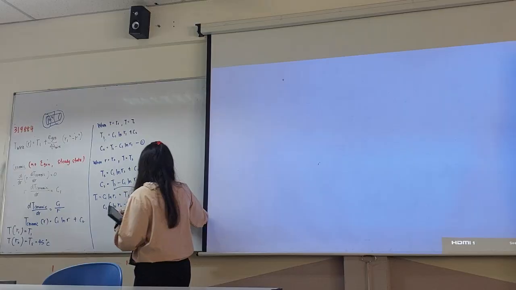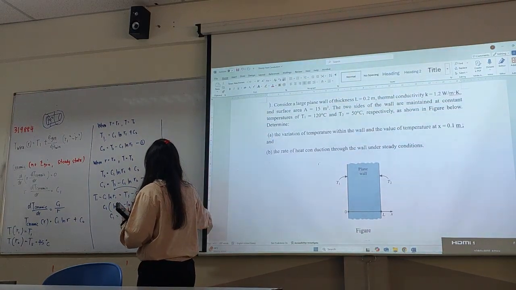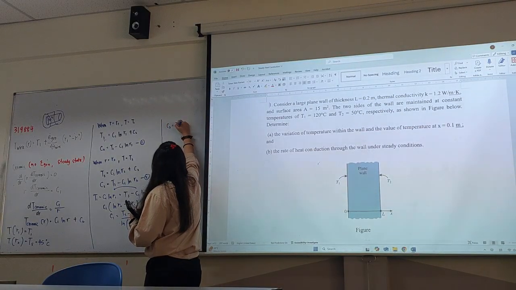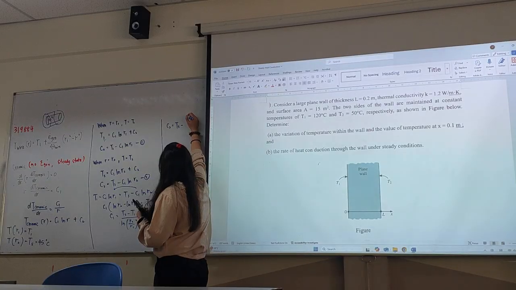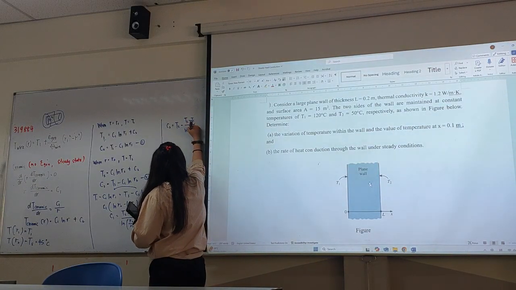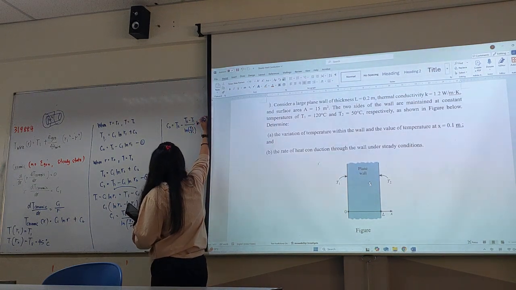You get your C1, then C2 equals Ts minus C1 ln R2, where C1 is (Ts minus T1) over ln(R2/R1).